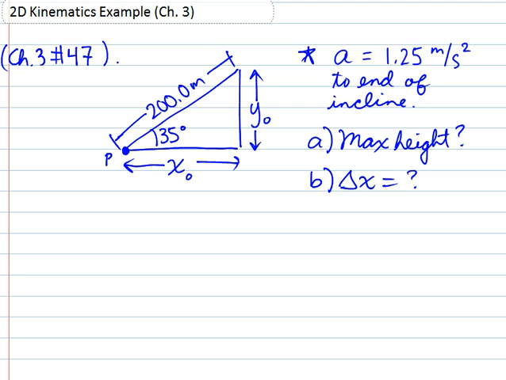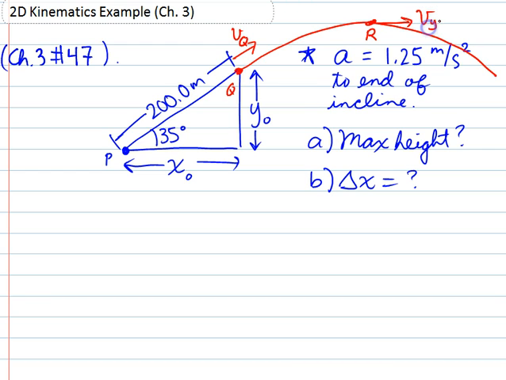Okay, so let's think about what happens. In order to find the maximum height, we're going to need to know the speed that it leaves the ramp with. We could call that V initial, or if you like, call this point Q. This would be the speed at Q. Then it's going to go in a parabola, as projectiles do, and reach its maximum height at point R, at which point it will have horizontal velocity but not vertical.